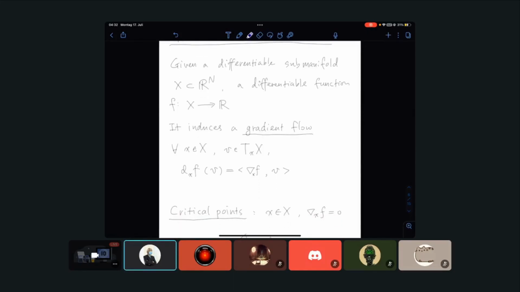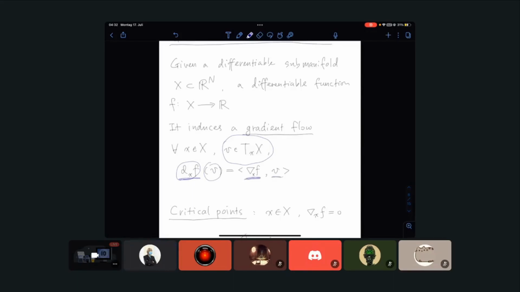And the gradient flow is defined, I mean, we are machine learning people, so we know what it is about. Basically, we have this differential. Pick any vector on the tangent space, and the differential acting on the vector is the same as doing the dot product of the gradient vector with the vector.